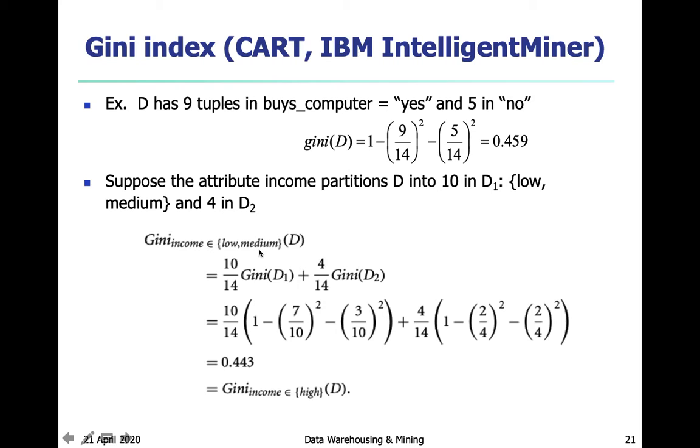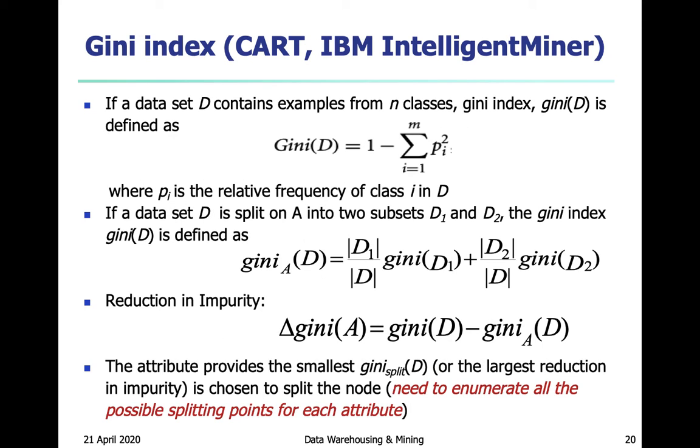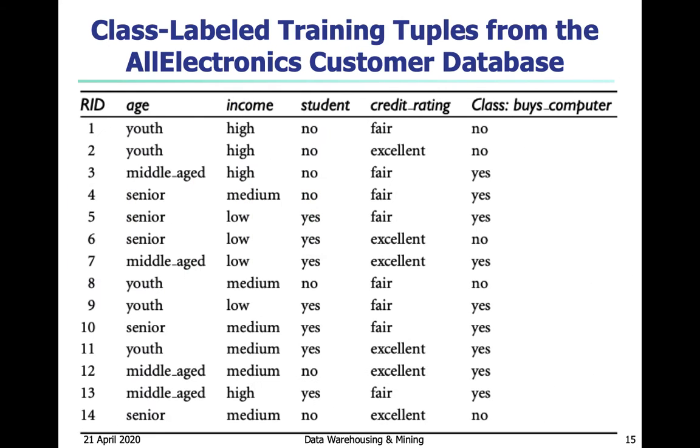According to the table, how many lows and mediums are there? One, two, three, four, four low.